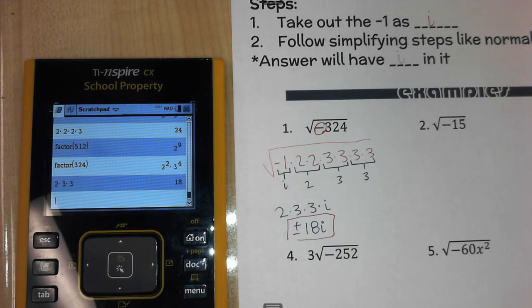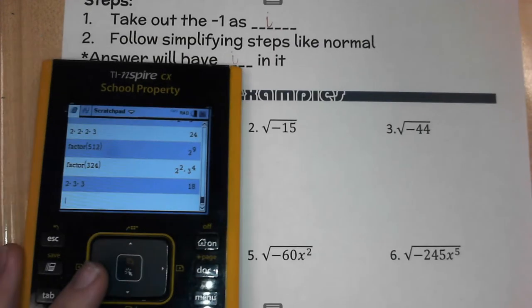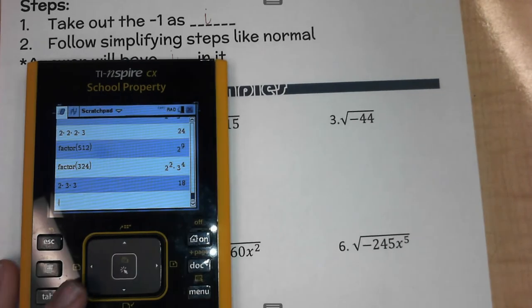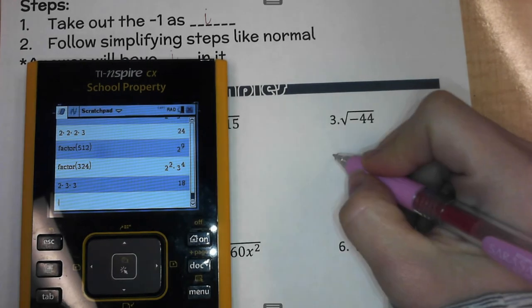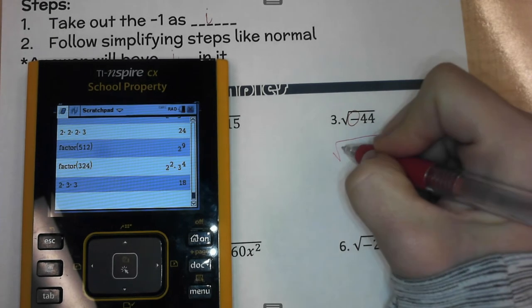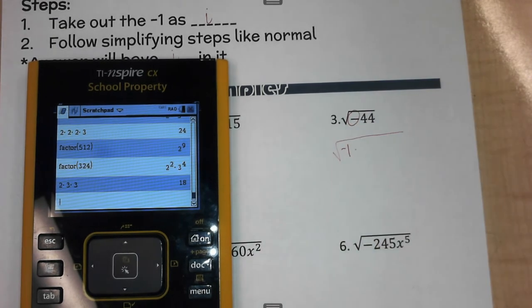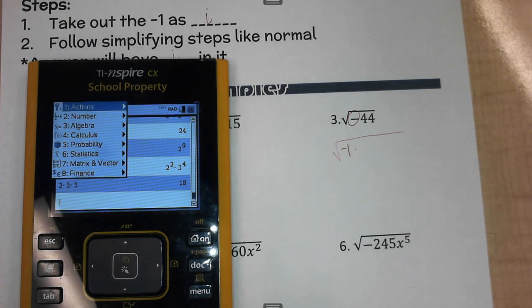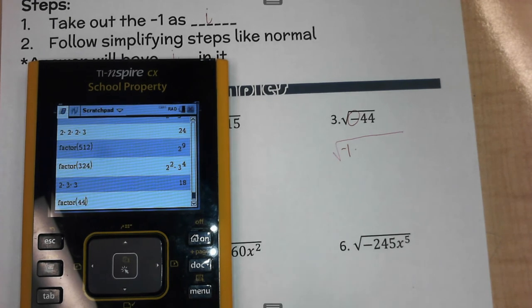Let's look at number 3. So this is my negative 1 underneath. Let's find the factors of 44.